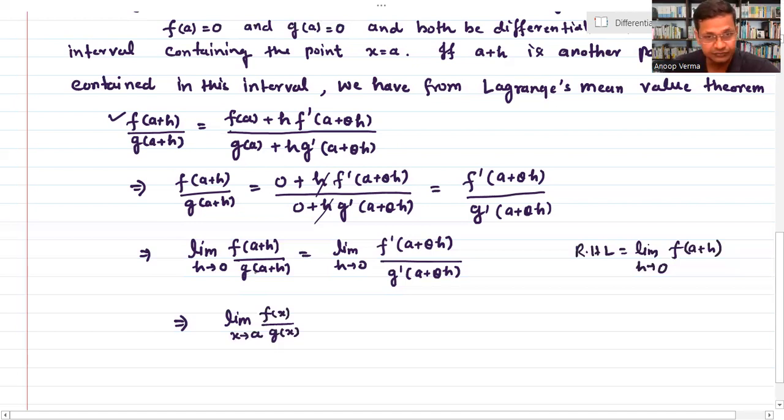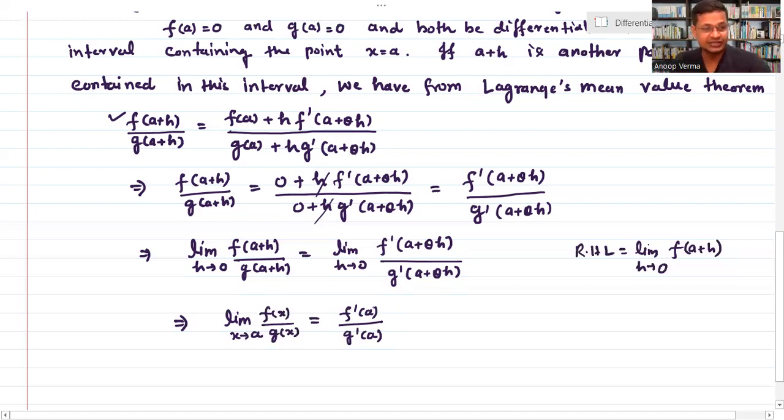Okay, so this will be equal to, and when you apply h equals to 0 here, this term theta h will become 0, so you will get from here f dash of a divided by g dash of a. So this is the important fact we will get.